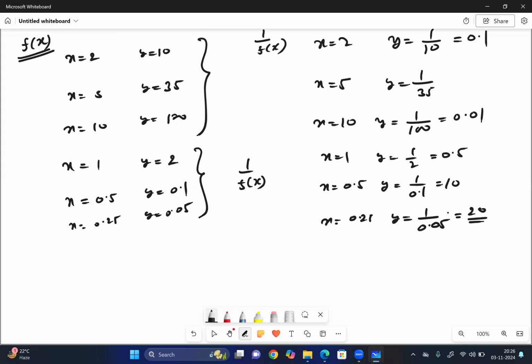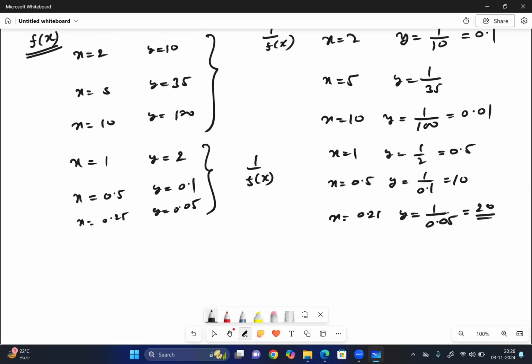Right? So it's becoming large. Simply, when y is becoming small, the reciprocal of y is becoming large, the other way around. Small to big and big to small. Got it. Okay.